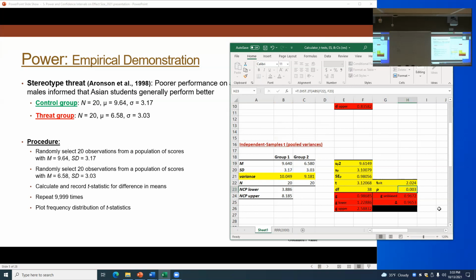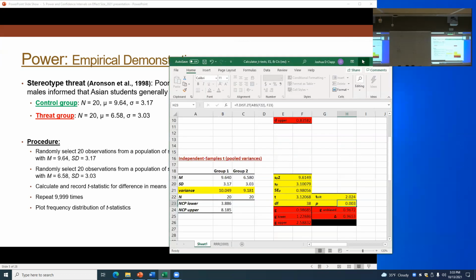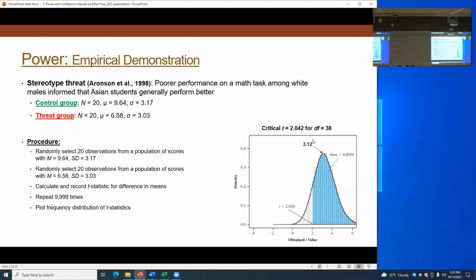And if I'm using those as the reference point for my two populations across my replications, my sampling distribution is going to be centered on my population t, which is 3.12. Well, what I can do then is on this distribution, I can say, okay, my critical value is 2.024.